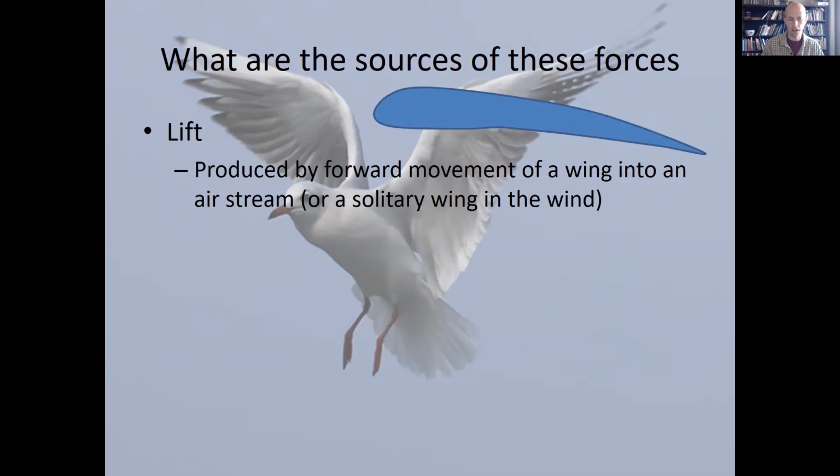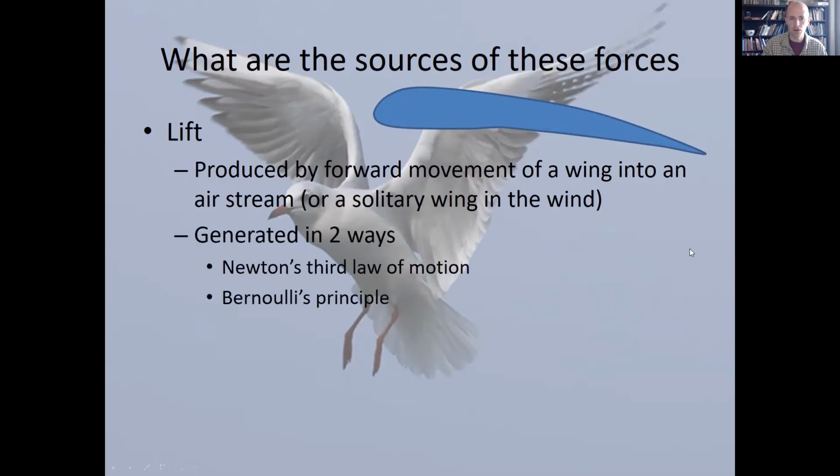It can happen by a bird creating thrust and moving quickly through the air, or it can happen, as we've all seen, by a stationary bird in a very windy environment. So either you can have air passing over it just by being in a windy place, or you can have air passing over it by moving forward.